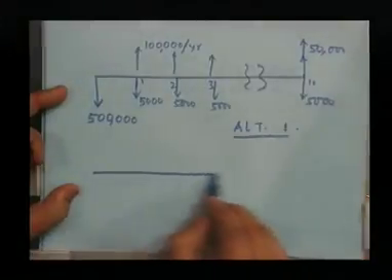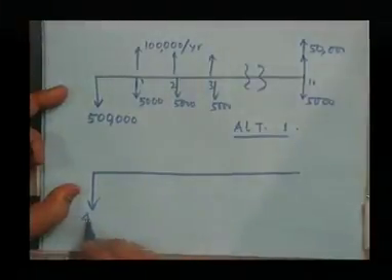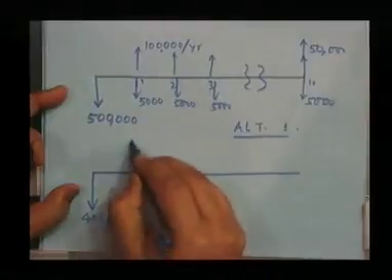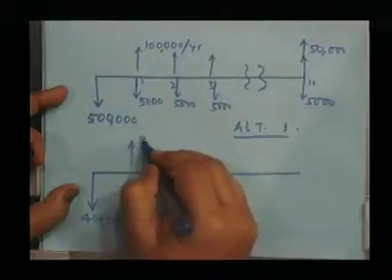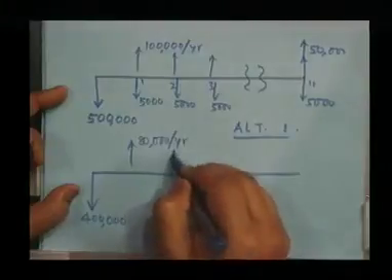Now, a similar cash flow diagram you can plot for alternative 2 also. It is 400,000, this one is 80,000 every year for the next 10 years.